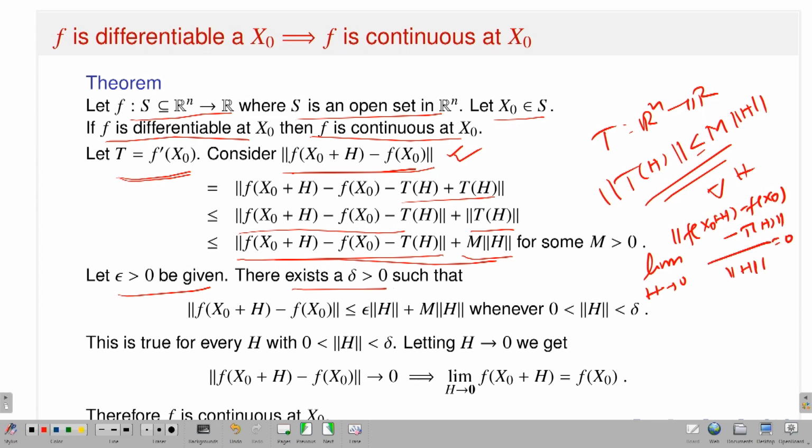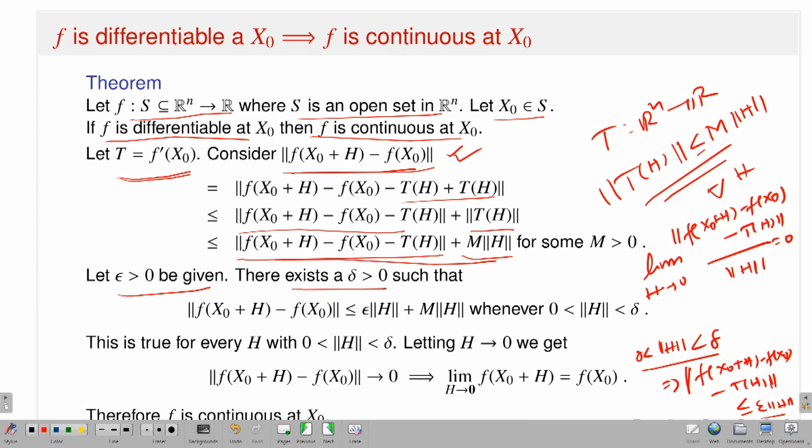So given epsilon, I have a delta such that if the norm of h is less than delta, then the norm of f of x naught plus h minus f of x naught minus Th should be less than epsilon times the norm of h, because of the definition of limit.